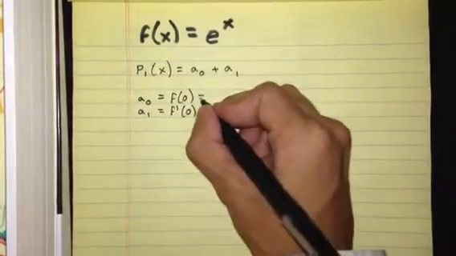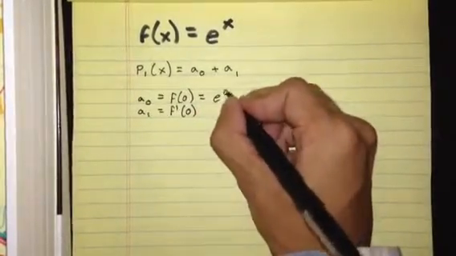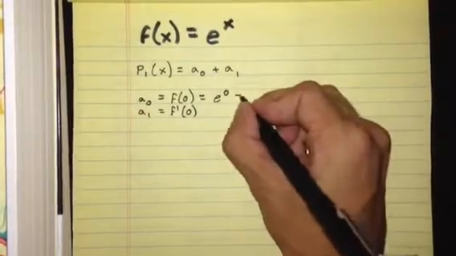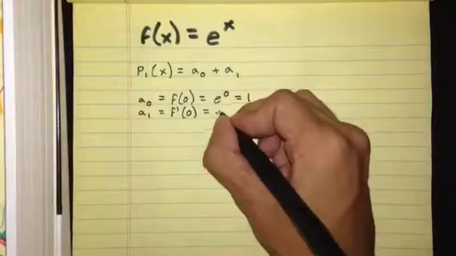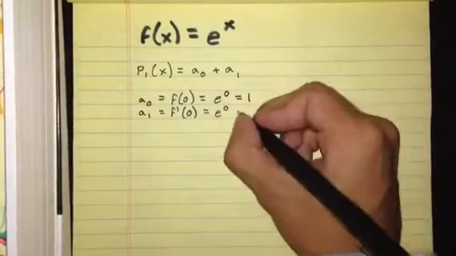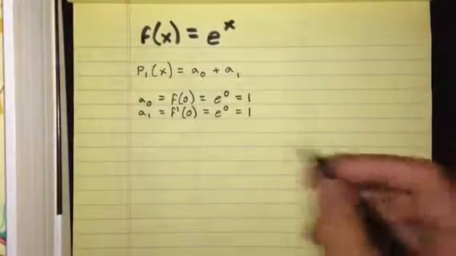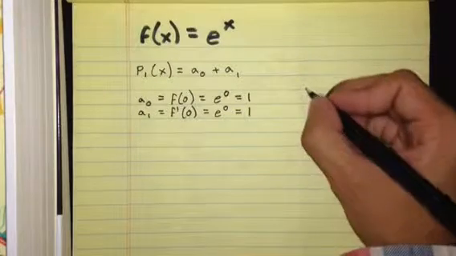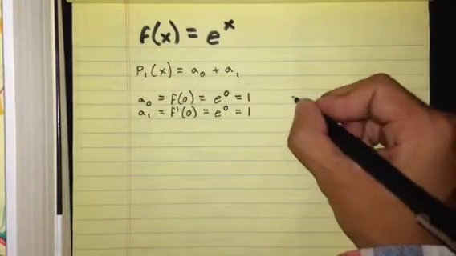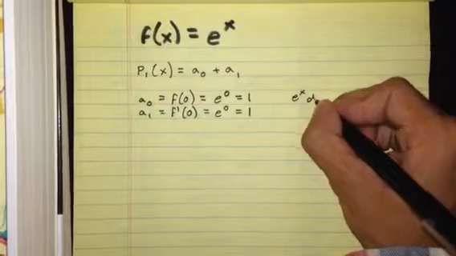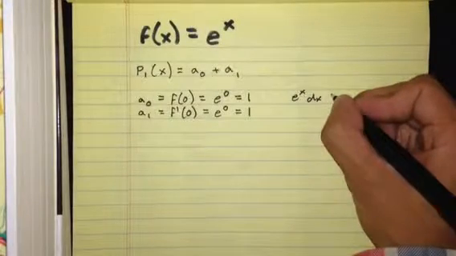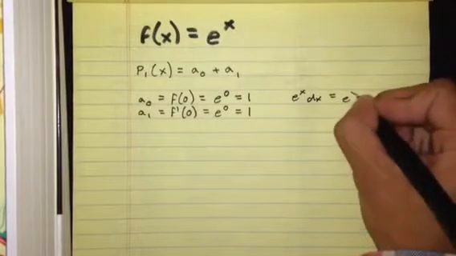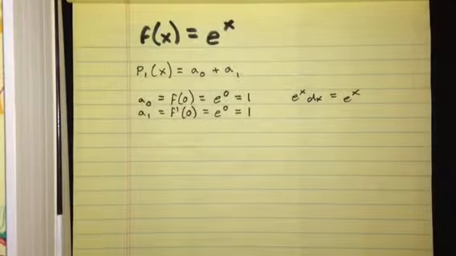So plug in 0 to e to the x, and it's going to be e to the 0, which gives you 1. And of course the derivative of e to the x is e to the x, so e to the 0 equals 1. That's really why e to the x is my favorite function, because you derive it, and you get e to the x. Again, it's really perfect.